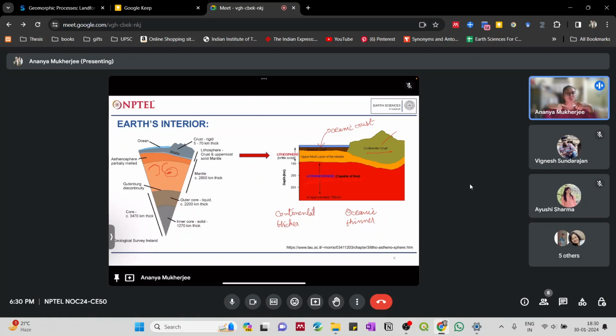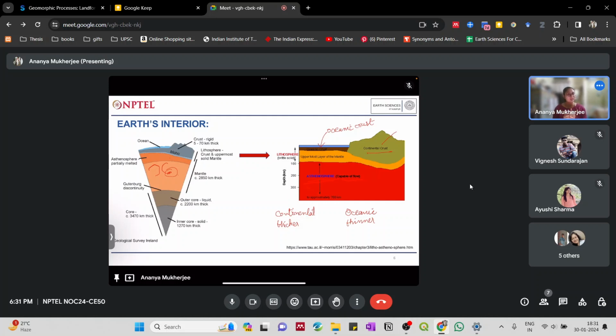Oceanic crust is constantly being regenerated. Part of the oceanic crust melts at one place, and in another part, new oceanic crust is being formed. So the age of the oceanic crust is also younger. If you date them, your oceanic crust will mostly be younger than your continental crust.